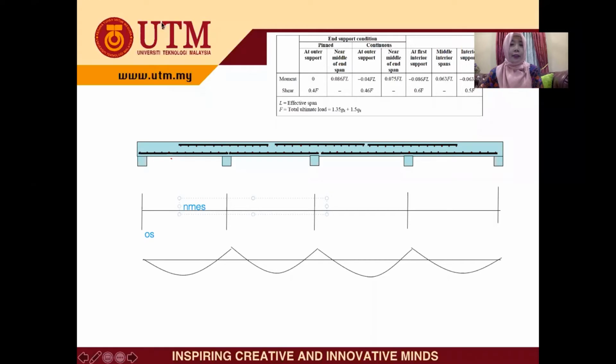Then at first interior support, FIS. This is similar to the beam. First interior support. You can start from both sides.